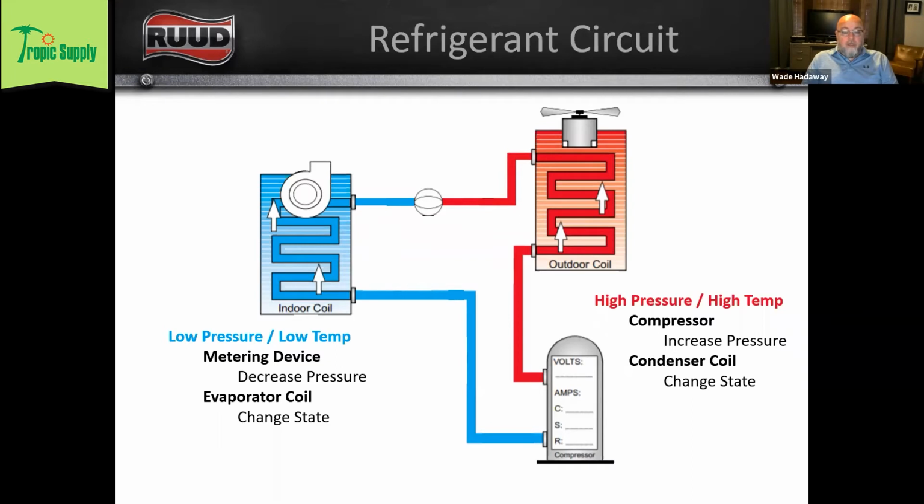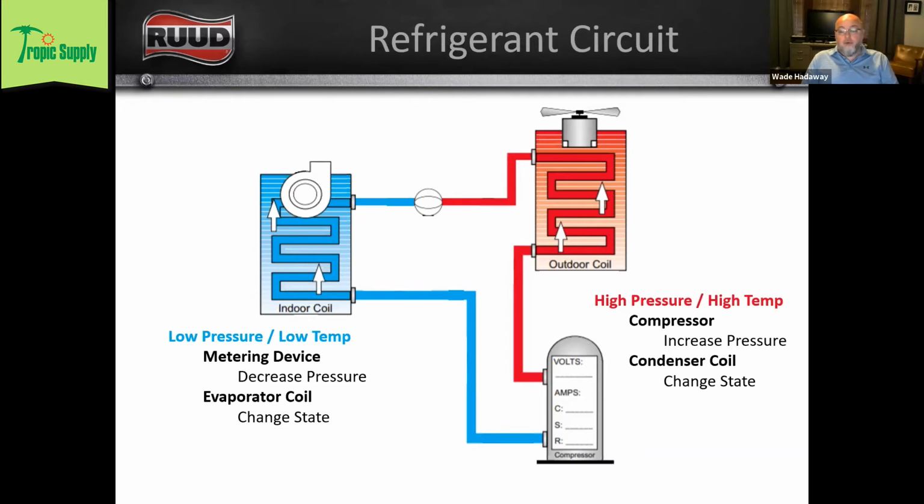So the compressor allows us to increase the pressure of the refrigerant, which we covered 2 weeks ago in part 1. As we increase the pressure, we're also increasing the temperature. And that's crucial, because if we can't get the temperature of the refrigerant well above the temperature of the outdoor air, we're not going to have that heat exchange, right?